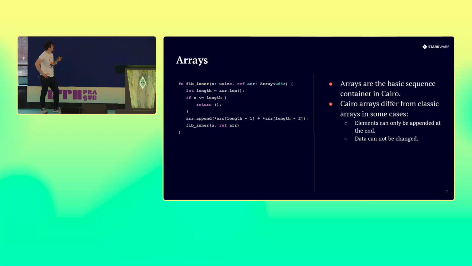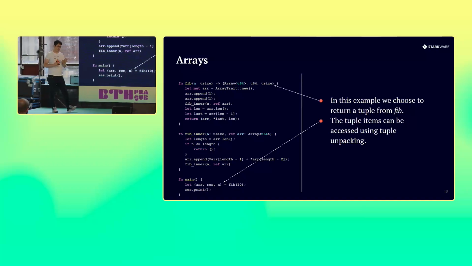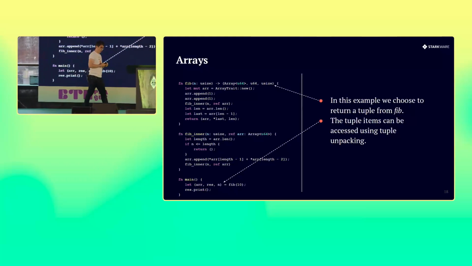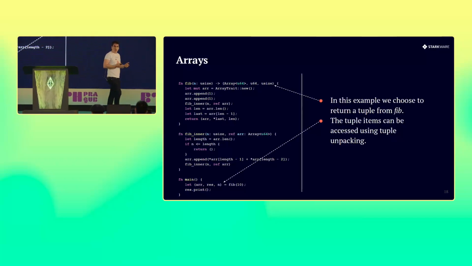Let's continue. Okay, now we're getting into a bit of Cairo-specific stuff. So we have an array. We can return from our Fibonacci function. We don't have to return only the array or only the result.